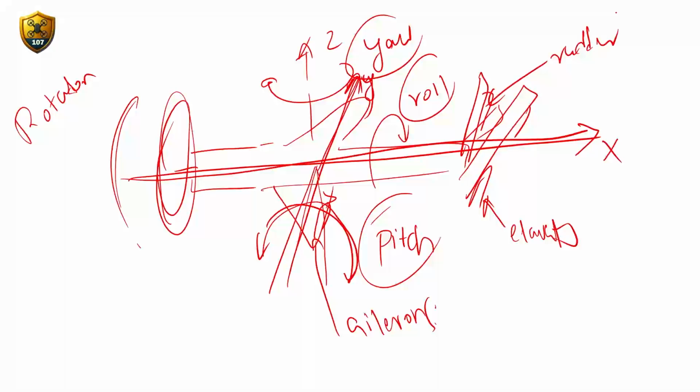We might also use a combination of these control surfaces to properly control the aircraft, right? So this is a basic introduction. We will be discussing the things that we need to learn for you to get the Part 107 remote pilot license. Thank you very much for watching this video.